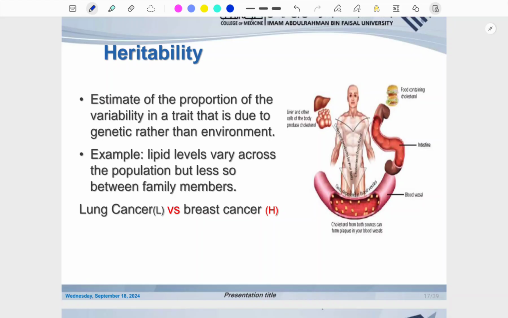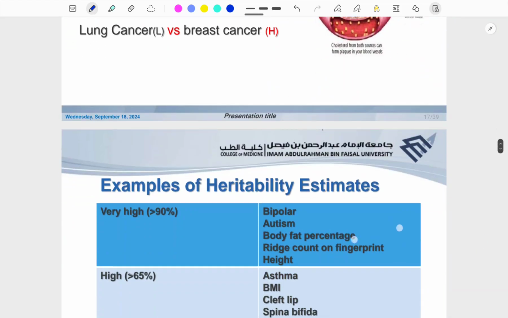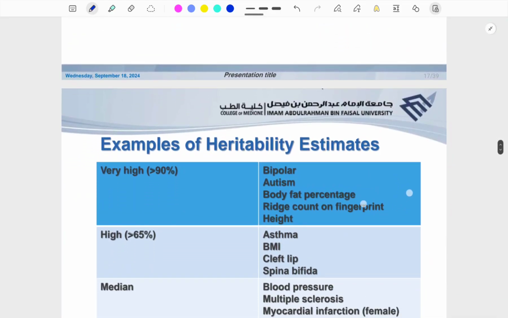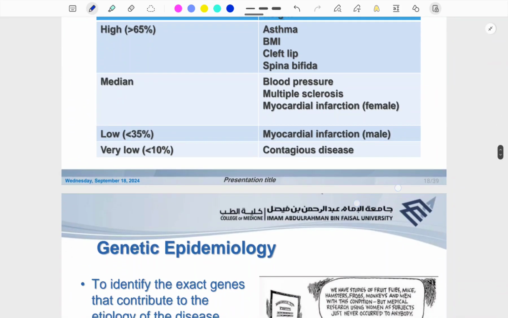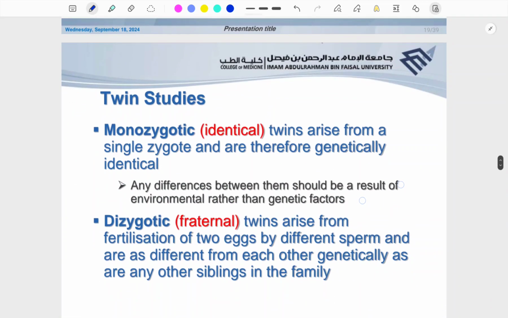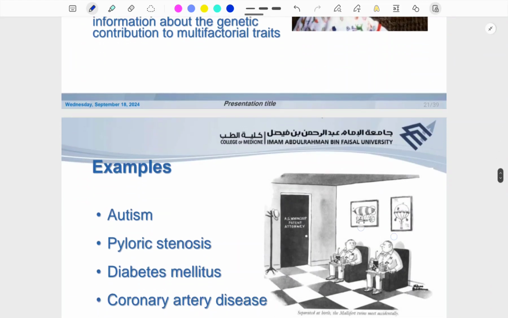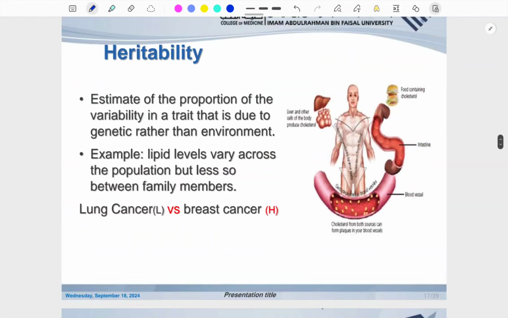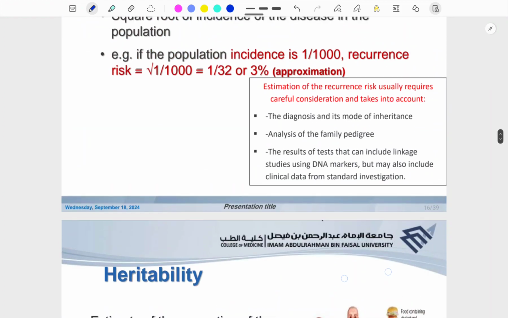It's the polygenic risk, meaning how much is due to the genes and the rest could be due to environment. For example, lipid level varies across the population, but less so between family members. It has an environmental component, that's why it differs in the population, but within the same family they are very close because of heritability. They have the same genes.